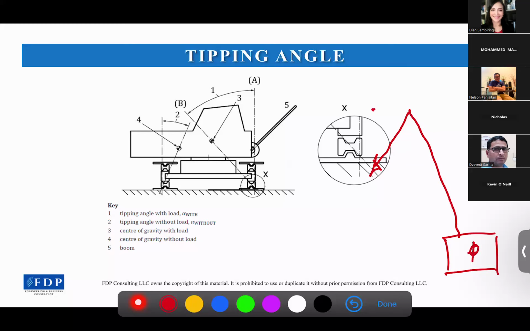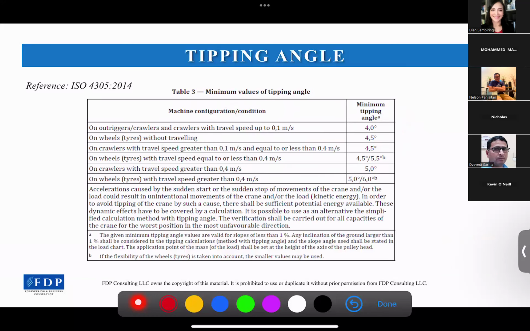There will be additional loads here at the boom tip, so potentially this COG will become even higher. So yeah, that's for the tipping.